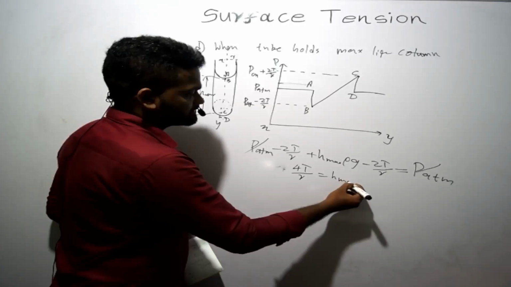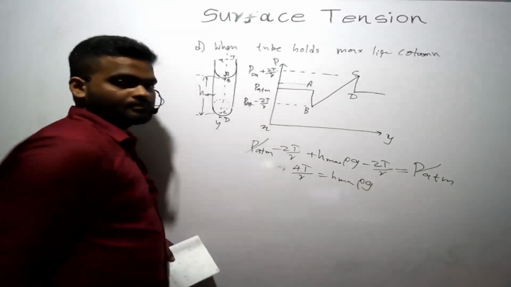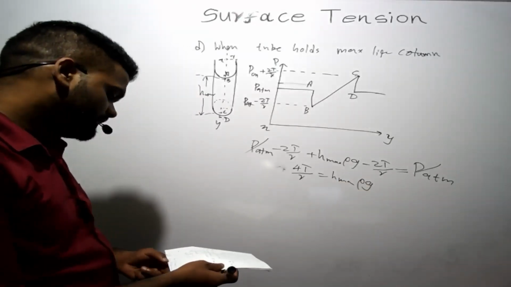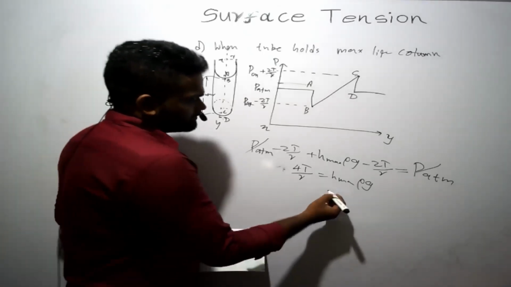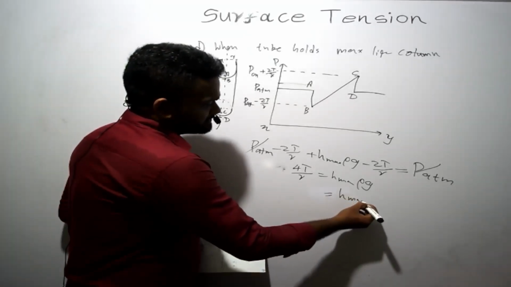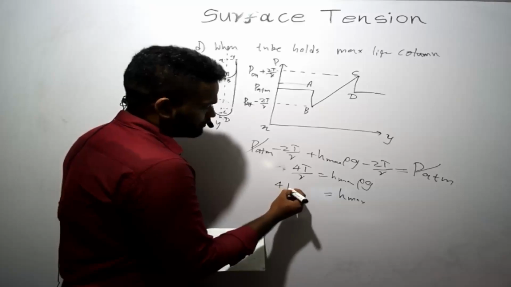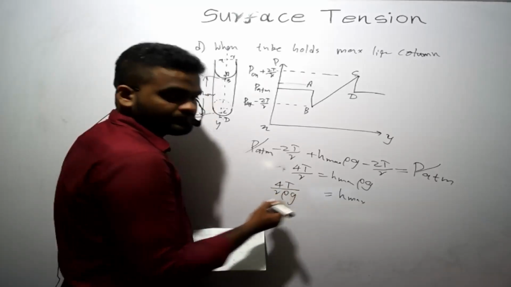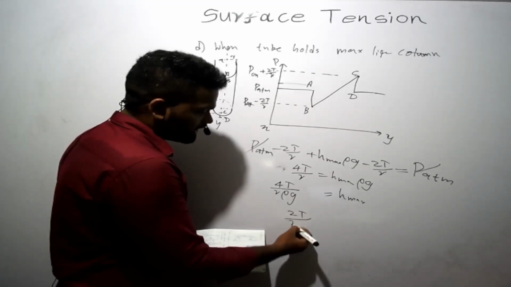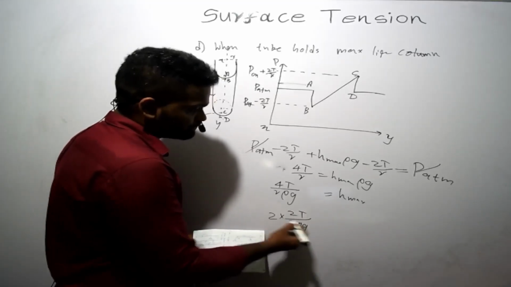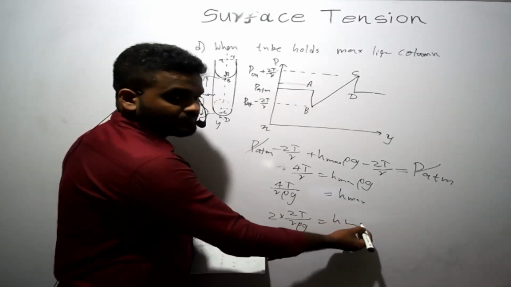Equals H max rho G. So what is this? H max equals 4T over R rho G. You can write this as 2T over R rho G, right? Times 2 equals H max.